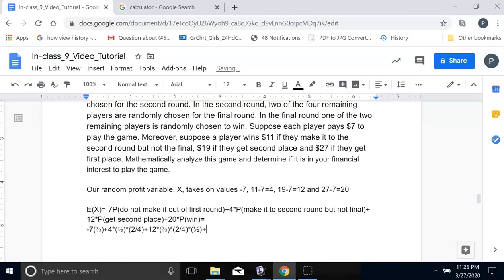Plus last one, 20, so you make it out of the first round, 2 out of 5. Actually, I messed up in this one. There should have been 2 out of 5 here. So 2 out of 5 chance you make it out of the first round, 2 out of 4 chance you make it out of the second round, and a one half chance you win.